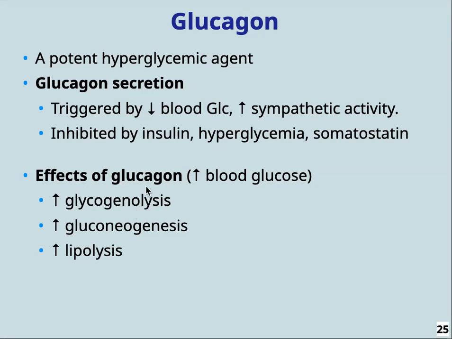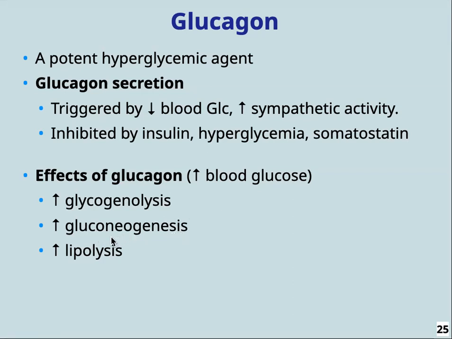The effects of glucagon are these different metabolic processes that all work to raise your blood glucose, including glycogenolysis, which is the breaking down of glycogen. Glycogen is a polymer of monosaccharides, so when you break down glycogen, you will yield glucose. Increasing glycogenolysis, especially in your liver, will help release more glucose into your blood.